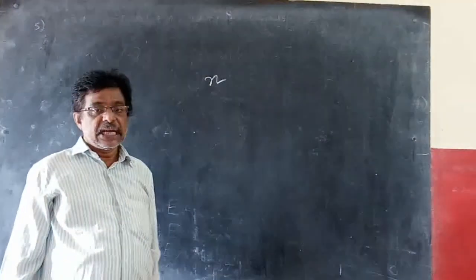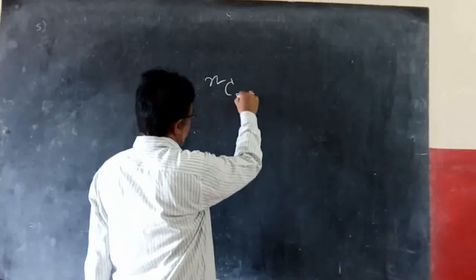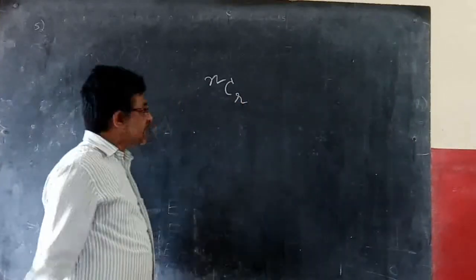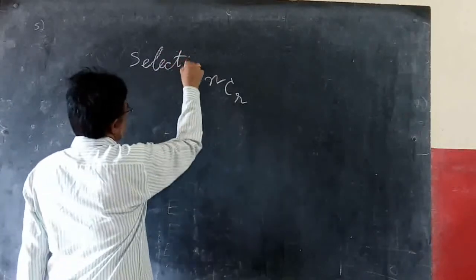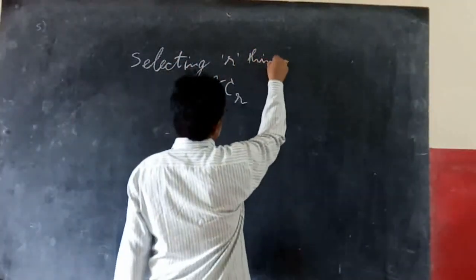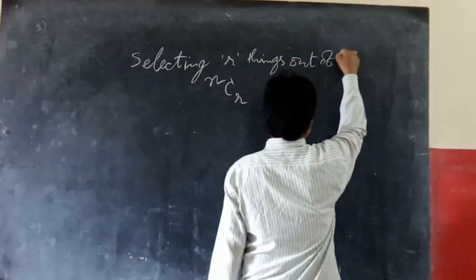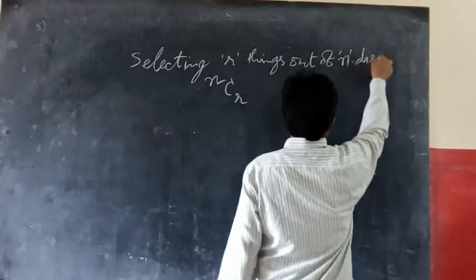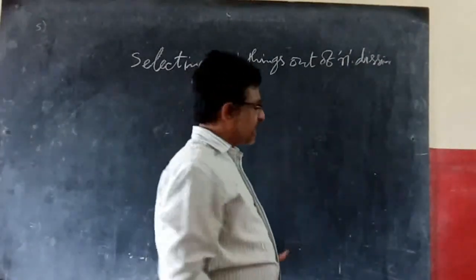Selecting r things out of n things is known as nCr. Selecting r things out of n dissimilar things, or n things. Here dissimilar or similar doesn't matter, because you are not arranging, you are just selecting.